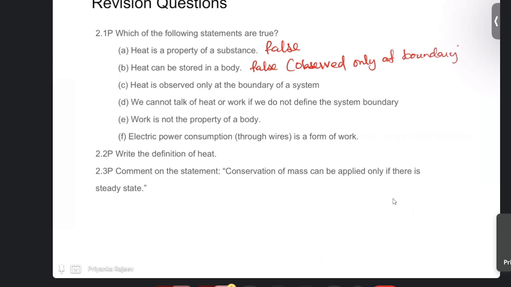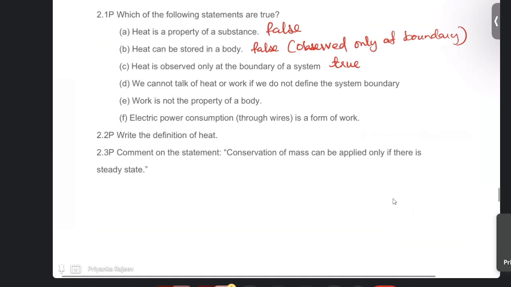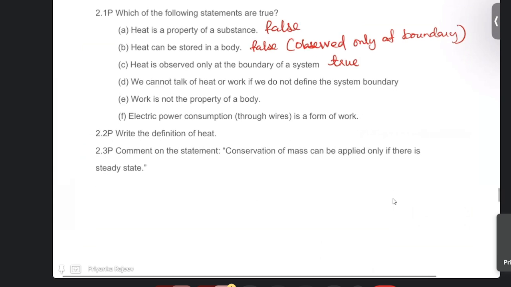Okay. Now, heat is only at the boundary of the system. That is true. That is what we have explained in the second point. So heat is energy transfer across the boundary of a system. So yes, it is observed only at the boundary of a system. Now, we cannot talk of heat or work if we do not define the system boundary. True. Why? Because these are observed only at the boundary.